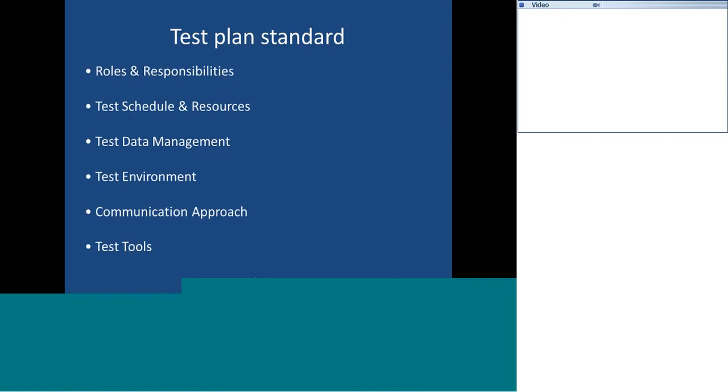So in strategy also you'll be having communication approach, but you won't be having test schedule and resources. So this differentiates your test plan and strategy documents. And it is not mandatory to have 2 different documents. You can have a single document which is called test plan, and you can incorporate those sections that are there in test strategy into test plan.